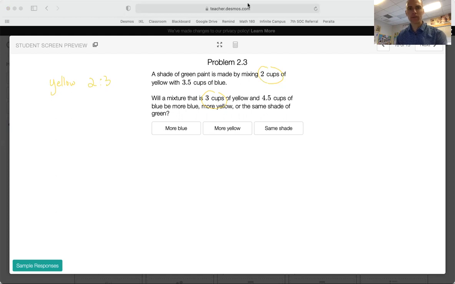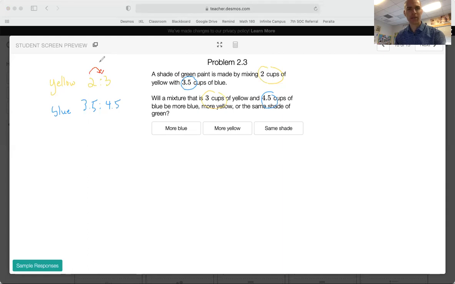And then with the blue, it originally had 3.5 and it's going to 4.5. So 3.5 to 4.5. Okay, well, with the red, we're going from 2 to 3.